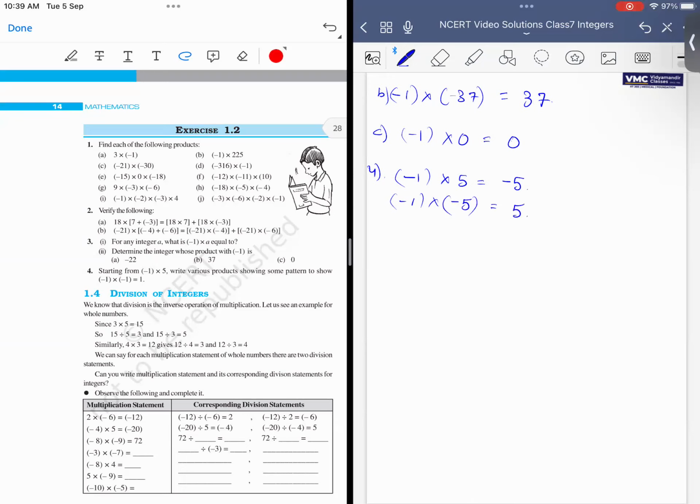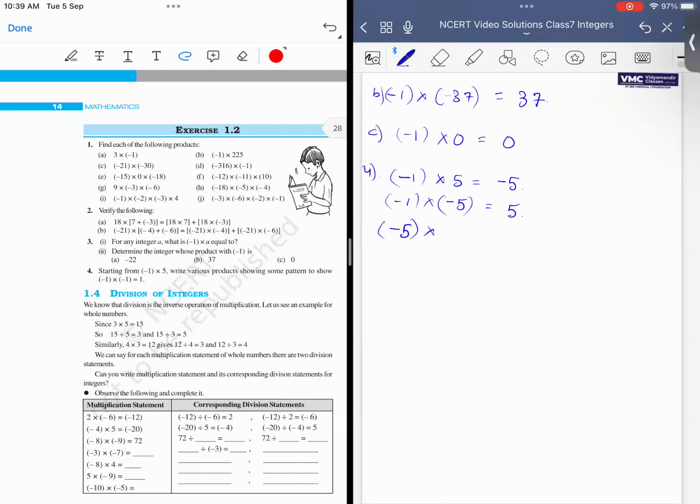Now if we take minus 5 into minus 5, what will I get? 25. And if I multiply minus 5 with 5, I will get minus 25. So this is how we see a pattern, how one negative integer changes the sign of the resultant product.